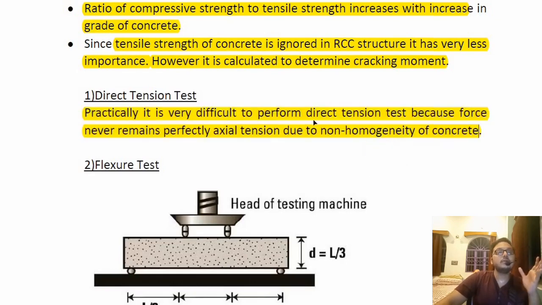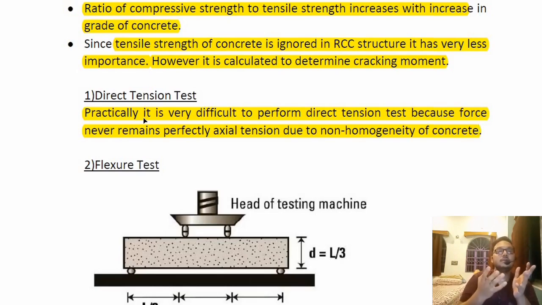If you want to know more about the direct tension test, you can find it on the internet or other sources, but till now just know that it is practically difficult. Of course, we cannot reach 100% homogeneity of a particular concrete, so it is non-homogeneous, and the tension won't be perfectly axial because of this reason.